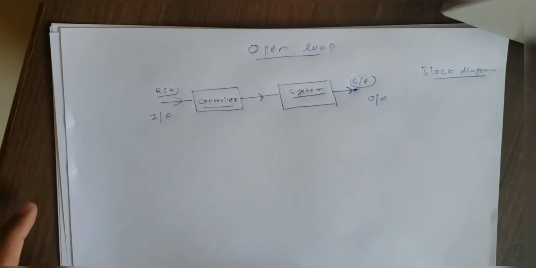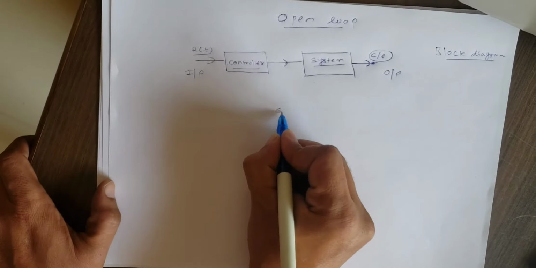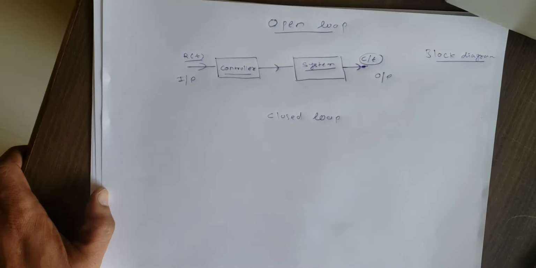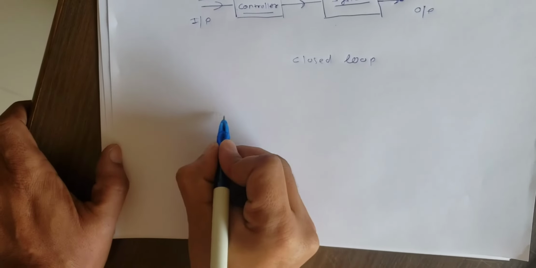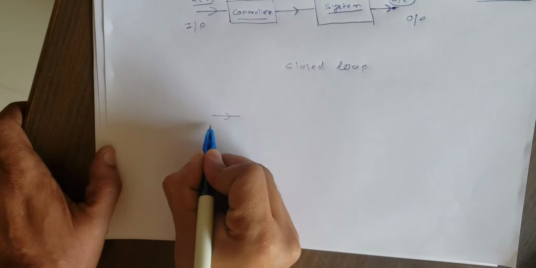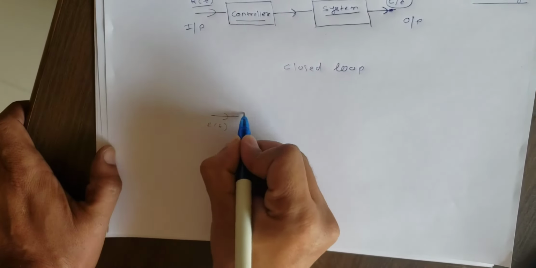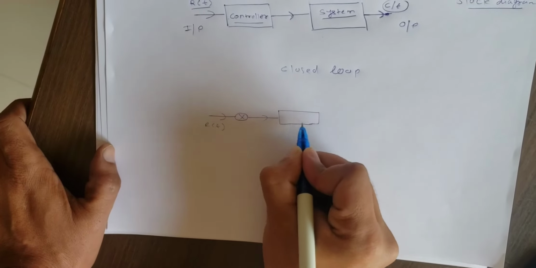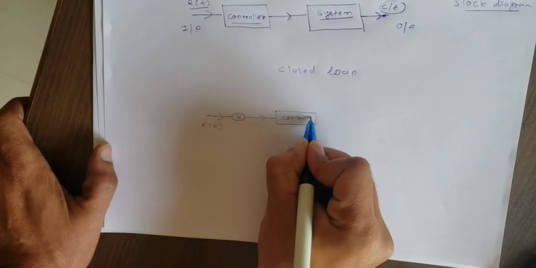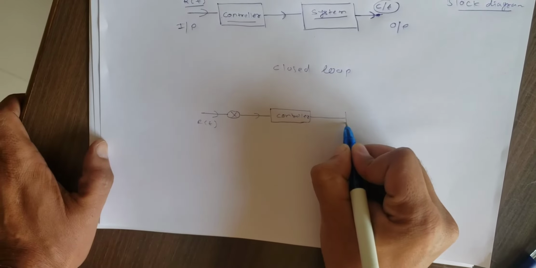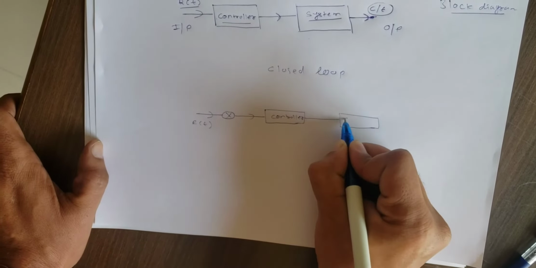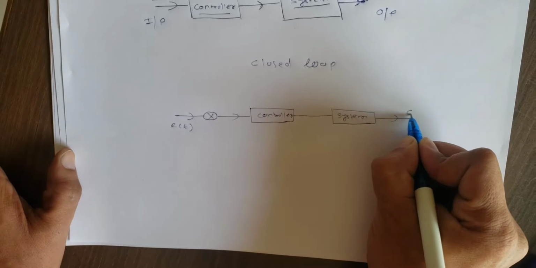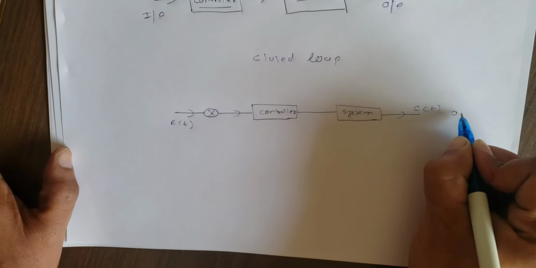Now let's discuss briefly what is meant by a closed loop system. In a closed loop system also we have an input signal, a controller, a system to be controlled, and the output of this control system as C(t).